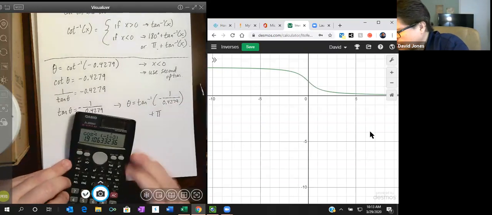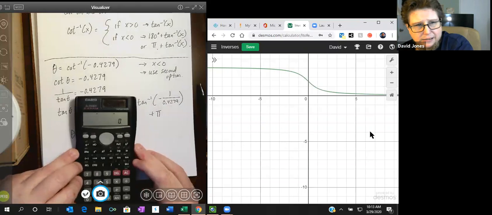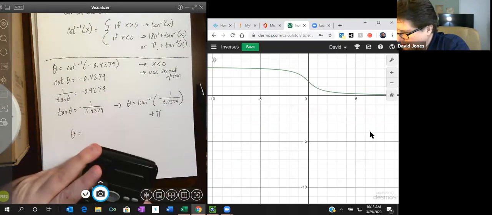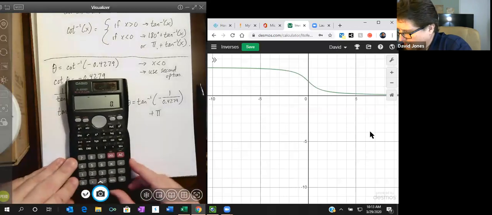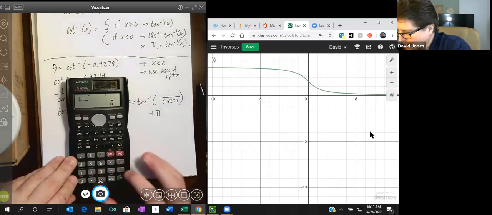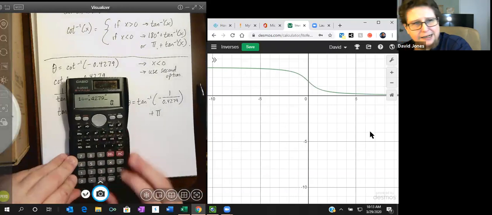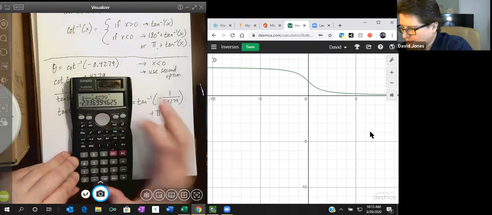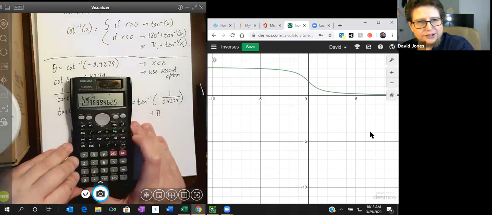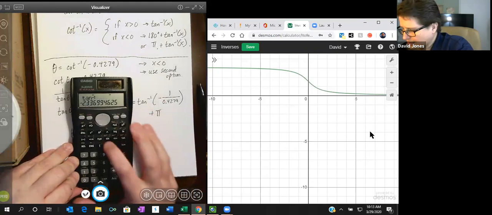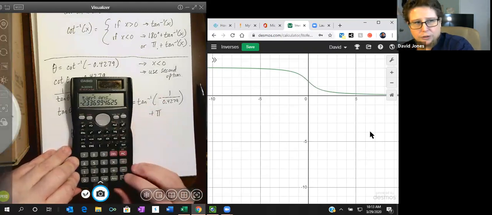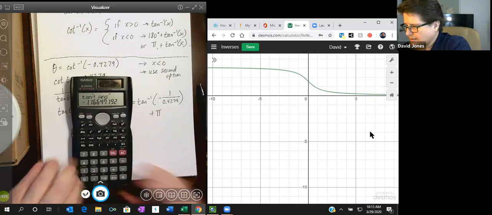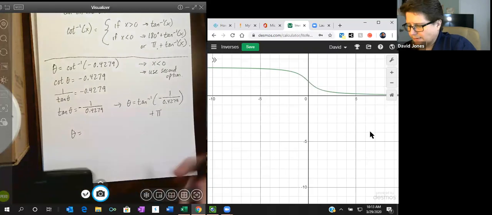So this might be easier to do. Am I still in reading mode? Okay, good. I'm going to do 1 divided by negative 0.4279 and then equal. And now I'm going to say shift tangent inverse of the answer. That pulls up the last answer I had. So that's our first step.